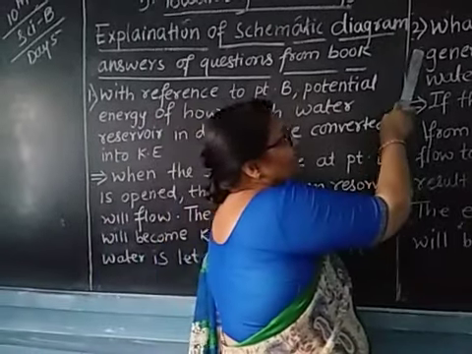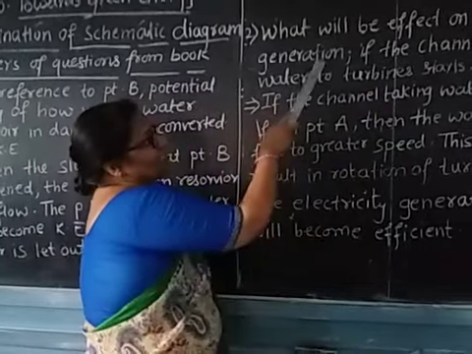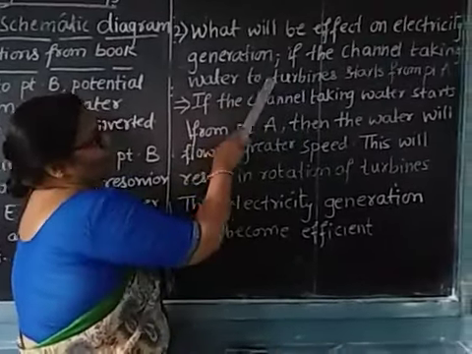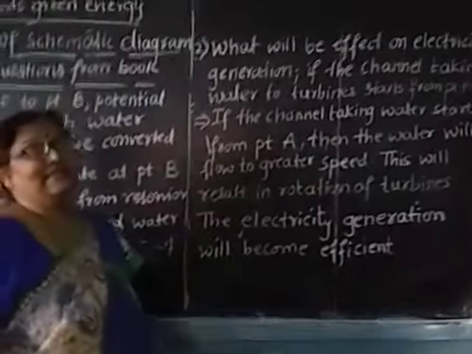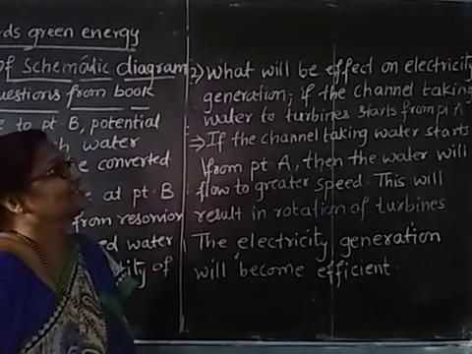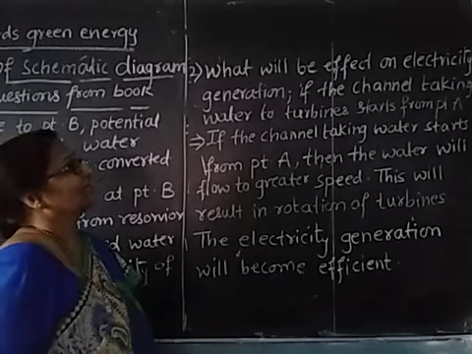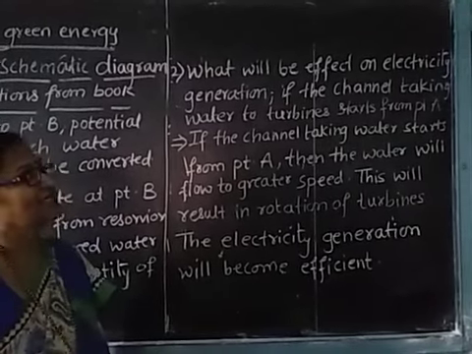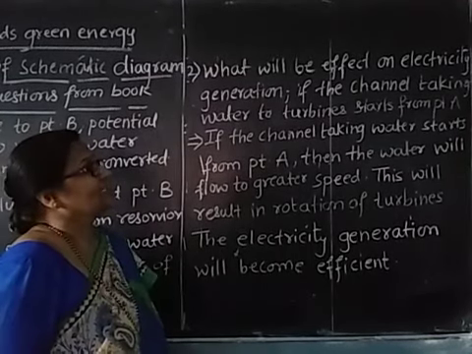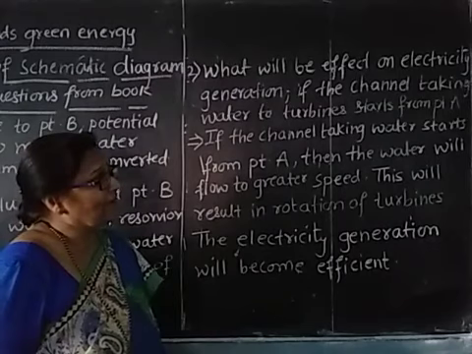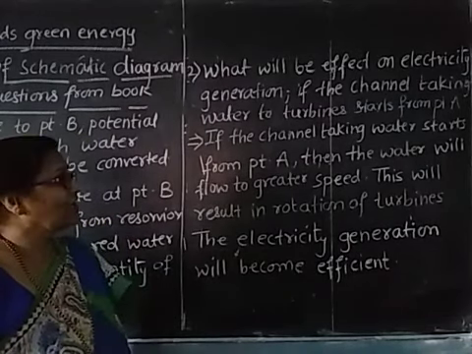The next question is, what will be the effect on electricity generation if the channel taking water to the turbine starts at point A? That is what we are going to see.